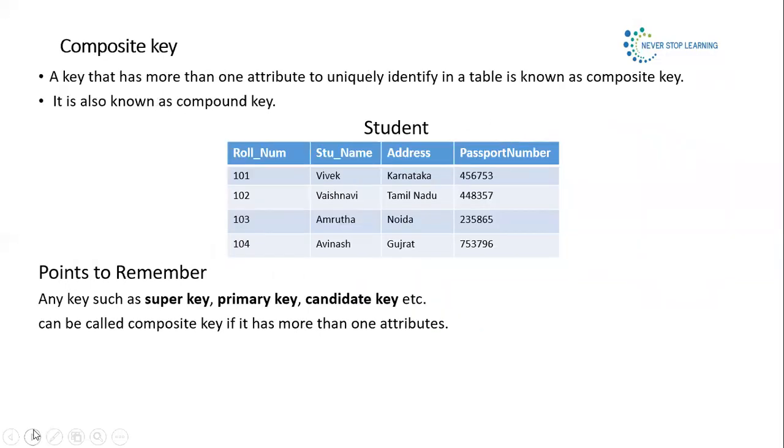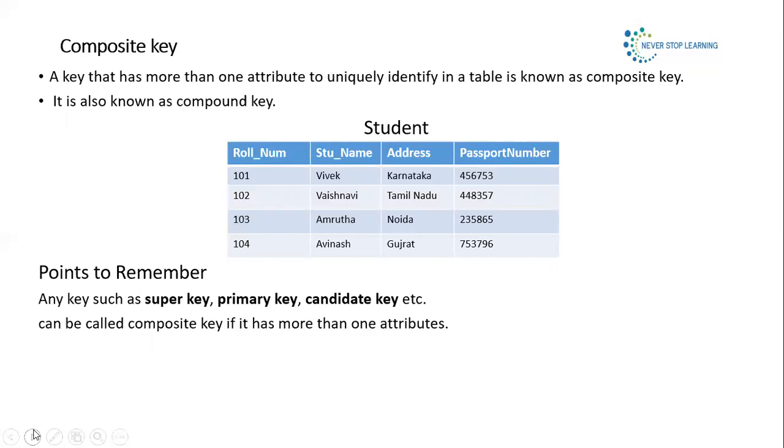Next is composite key. Composite key is also known as compound key. A key that has more than one attribute to uniquely identify a record in a table is known as composite key. So it is possible that each column may not be unique by itself within the database.